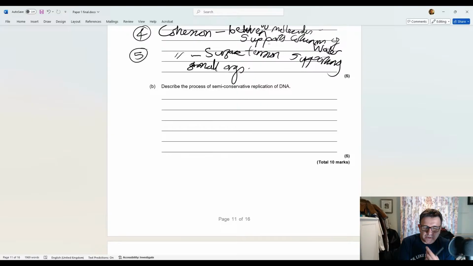Even though this is not about Meselson and Stahl, they do like you to know about semi-conservative replication and looking at test tubes of bacteria that have been grown in different types of nitrogen, whether it's heavy nitrogen or light nitrogen. So we'll talk about that.